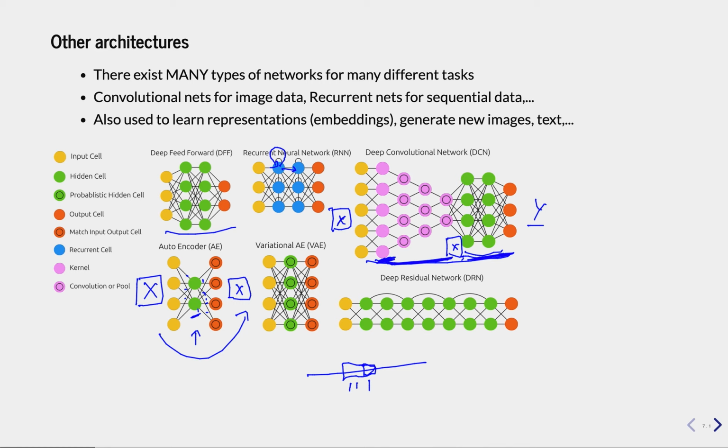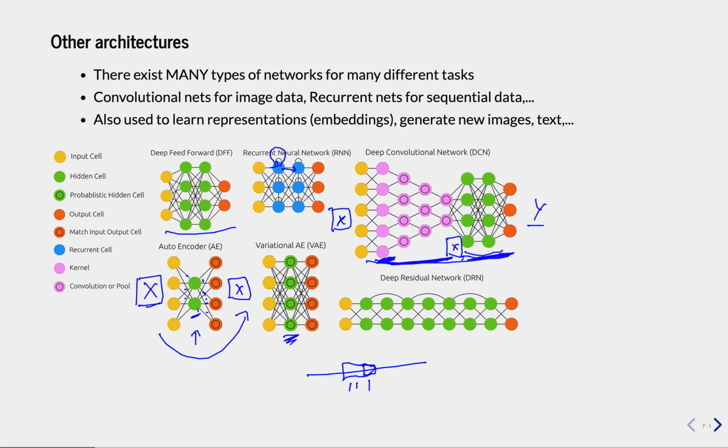And you can use that to do all kinds of things. For instance, to learn the distribution of the data, so you can also generate new examples of that kind of data. We have variational autoencoders. These have a very special kind of node, which is probabilistic.